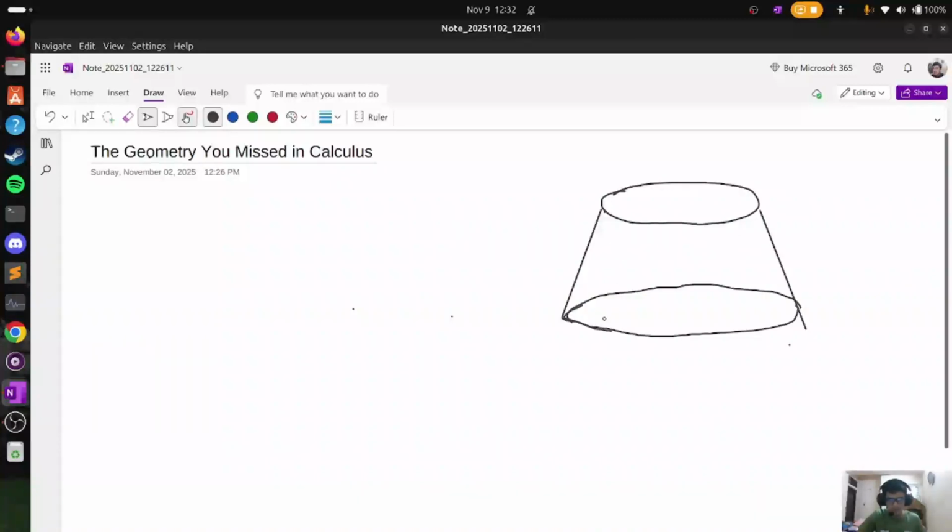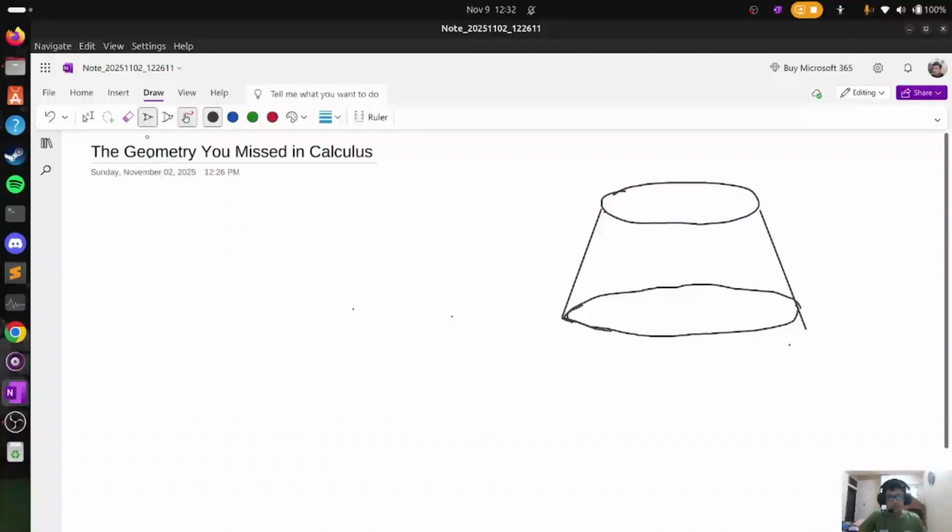That's when those things actually happen. So you can see this cylinder right here. You can see a trapezoid shape, right? A trapezoid shape here.